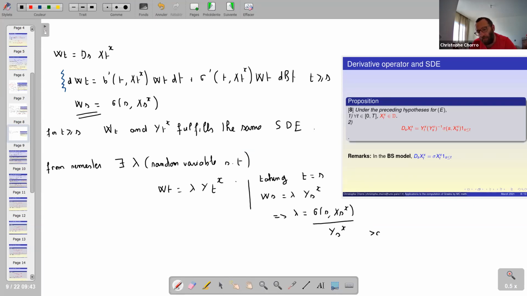And keep in mind that I have the right to divide by Y because it's the first variation process, and we have seen together that this first variation process is strictly positive. And finally, if I use this point and this point, I have that Wt, that is ds of xt, is equal to lambda Yt with lambda given by this one.